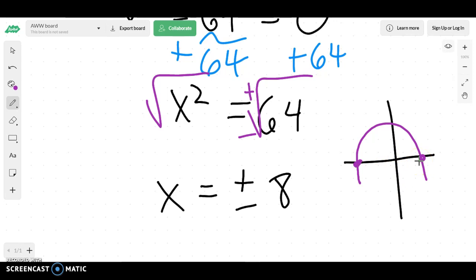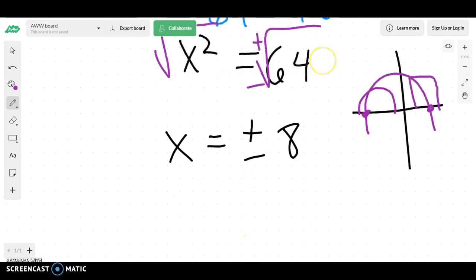It can be shifted over so both are on the positive like this, or both are in the negative like this, but generally you have one on the negative side and one on the positive side. So when we take the square root, we have to account for the positive side and the negative side. So my answer would be plus or minus 8, or another way of writing this would be x equals 8 or negative 8. That would be your 2 answers.